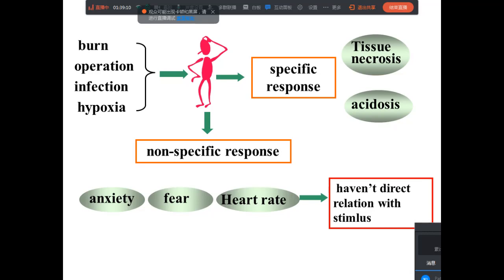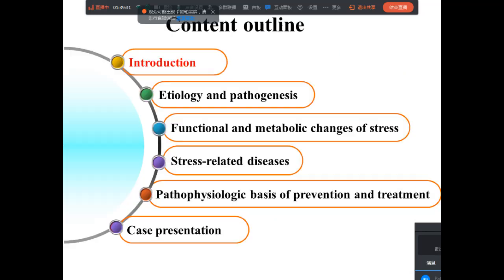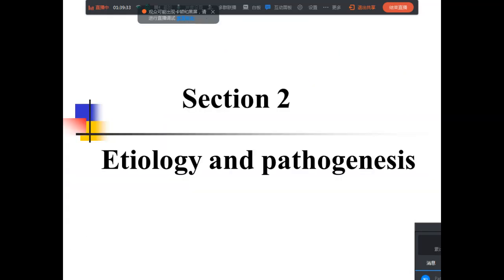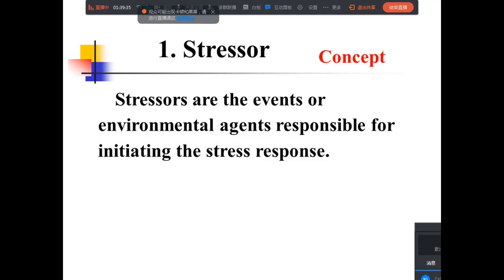Now, the non-specific response is called stress. Now, any non-specific response to any stimuli is called stress. Now, etiology, stressor. The stimuli are called stressors.